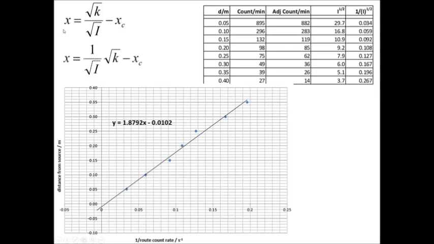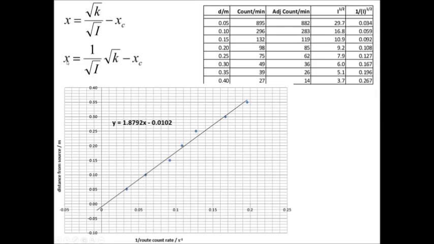Let me show you that slightly differently in terms of where the root K is. I've moved the root K over, so now I've got 1 over root I, the intensity. Here you can see y equals mx plus c. So if we plot a graph of distance on the y-axis against 1 over the root of the intensity, 1 over the root count rate, on the x-axis, forgive me, distance on the y-axis.